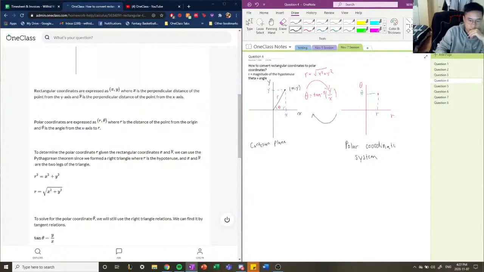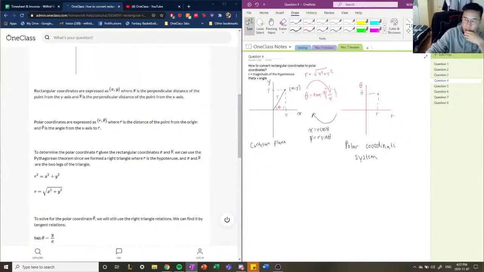You just use the equations x equals r cosine theta, because if you think about it, r cosine theta is adjacent over hypotenuse, right? So to find our x coordinate for our Cartesian plane, we just isolate for x, and for y, it's r times sine theta.